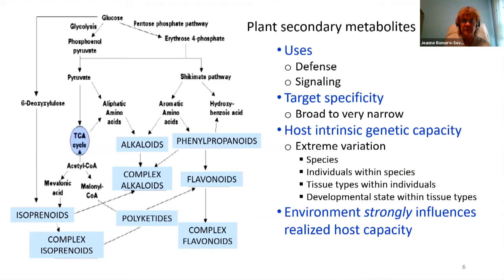All right. Plants, and trees included, make a dazzling array of secondary metabolites. Biochemists like to draw out these elaborate pathways here, and these are the main categories of secondary metabolites, little molecules that are used primarily for defense. The tree can't run away. It's got to defend itself against fungi, against bacteria, against insects, against herbivores that are chomping on it.